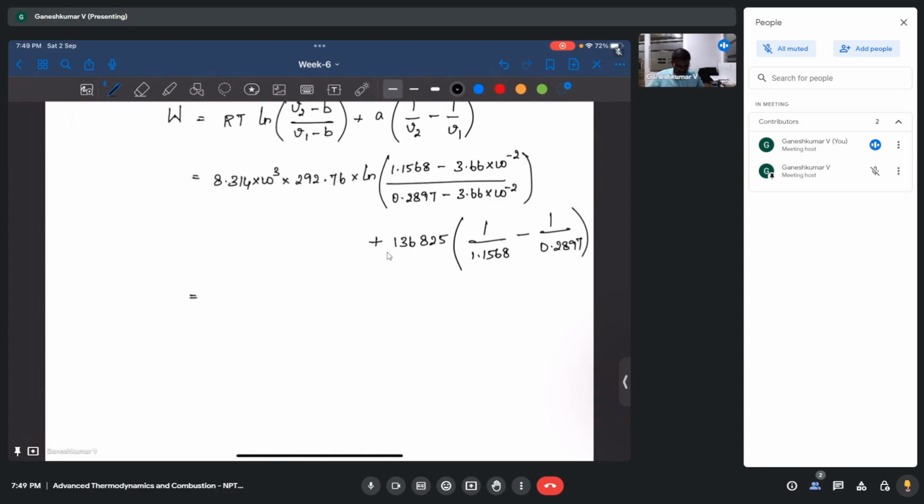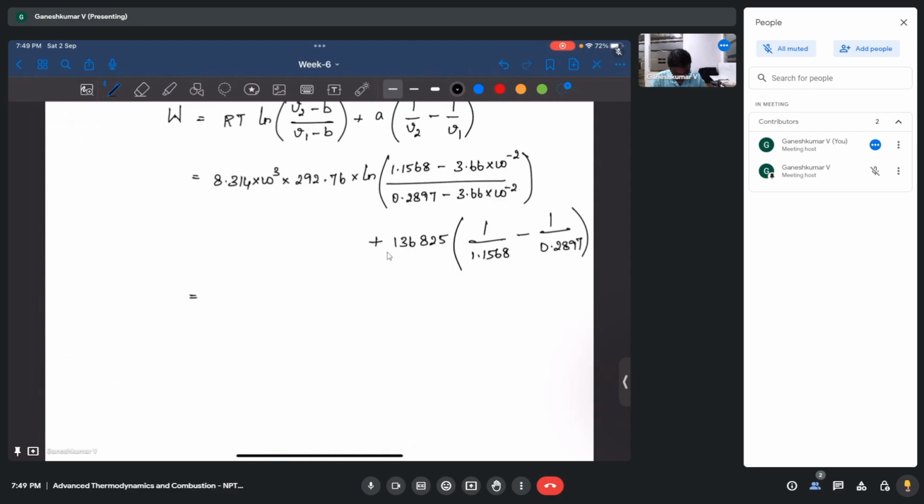Okay, let's see what this gives us. So the first term is going to give me 1.156 into 10 power minus 2, 0.2897 minus 3.6 into 10 power minus 2.